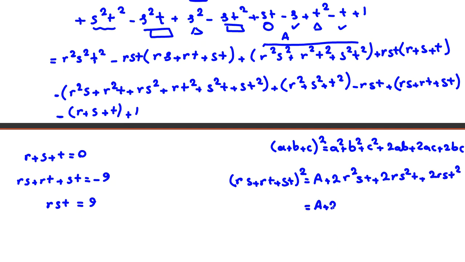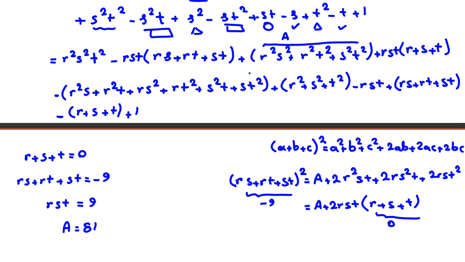Then we can say A plus 2rst times r plus s plus t. Here rs plus rt plus st is negative 9, and r plus s plus t is 0. So A equals negative 9 squared, so A is 81.